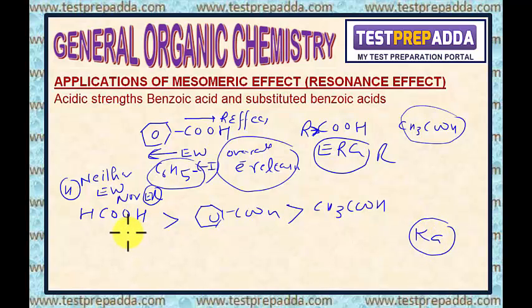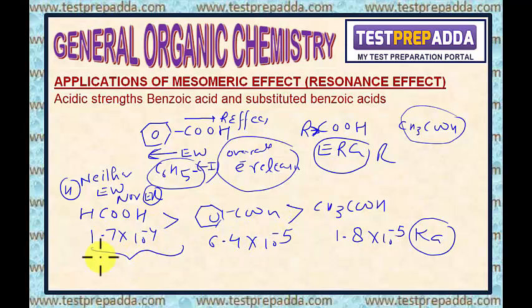If I write the Ka values of these acids, the acetic acid Ka value is 1.8 into 10 raised to minus 5. For formic acid, the Ka value is 1.7 into 10 raised to minus 4. And if I write for benzoic acid, it is 6.4 into 10 raised to minus 5.